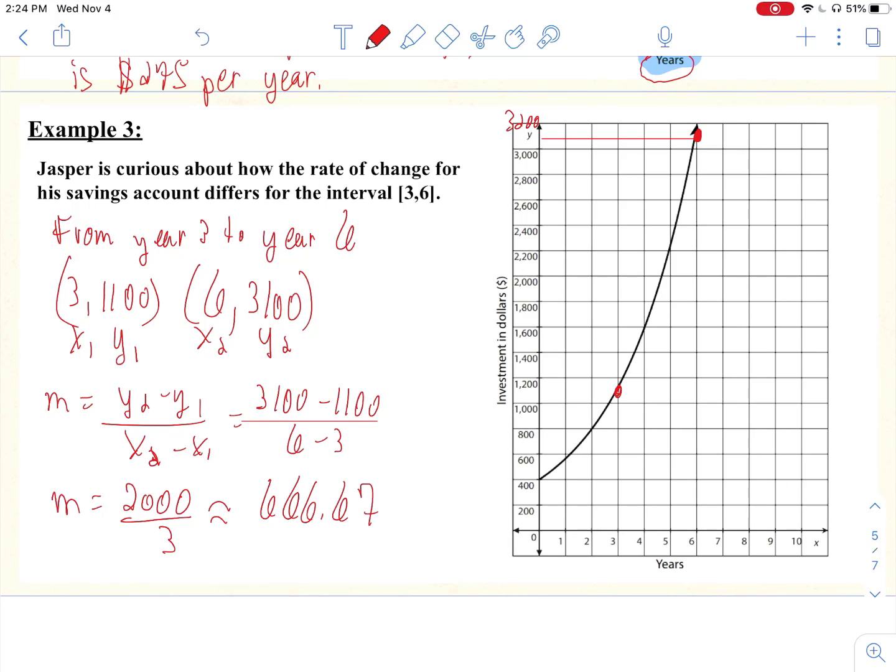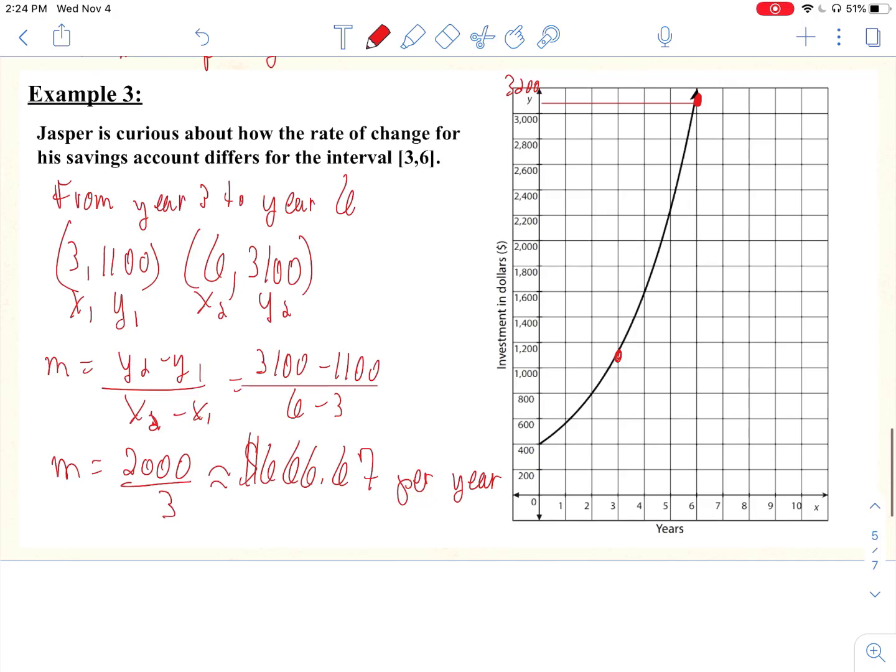And again, for this problem, we're dealing with the amount of money per year. So from year 3 to year 6, there's approximately $666.67 per year.